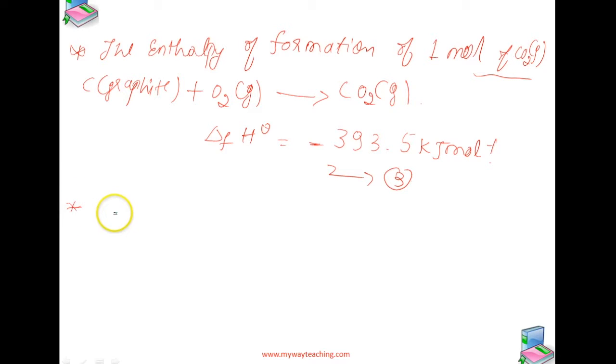Now the enthalpy of formation of 1 mole of water.